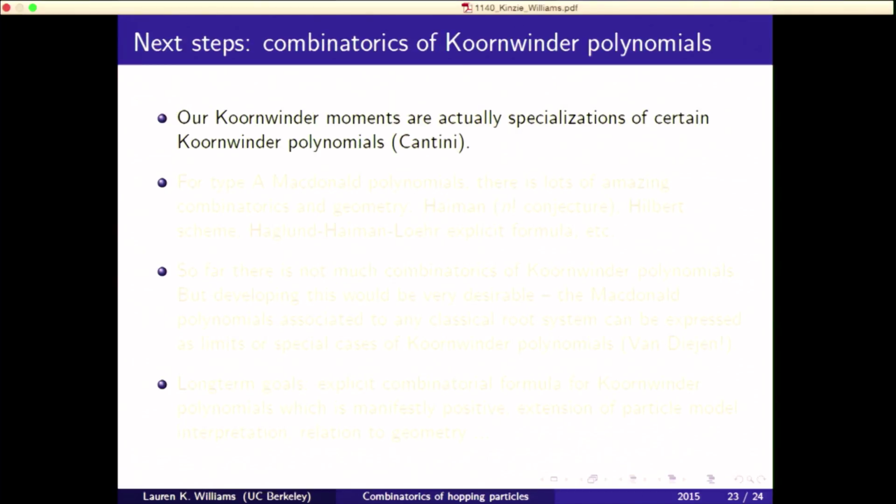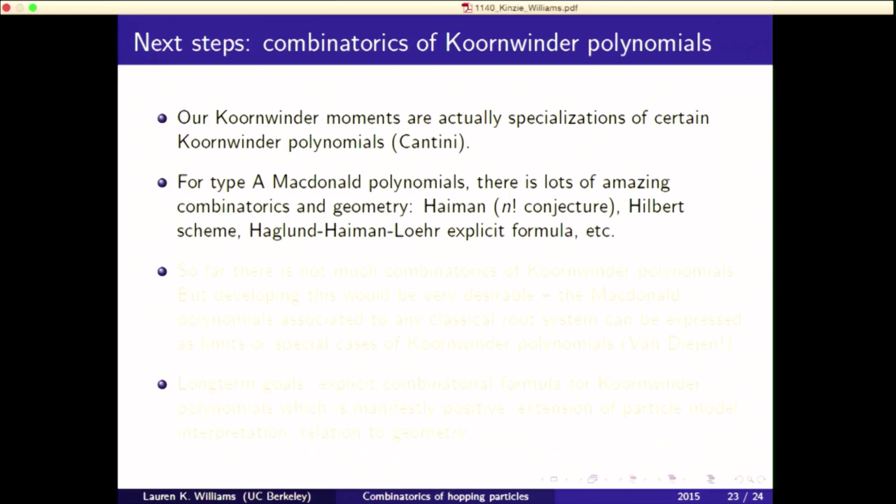So now I just say a few words about next steps. The Koornwinder moments are actually specializations of certain Koornwinder polynomials. And I mentioned the Koornwinder polynomials are type BC Macdonald polynomials. Now the type A have been studied quite a lot, and there's a lot of amazing work, including Haiman's work on the n factorial conjecture, connections to the Hilbert scheme, explicit formulas, etc. And so far, almost nothing for Koornwinder.